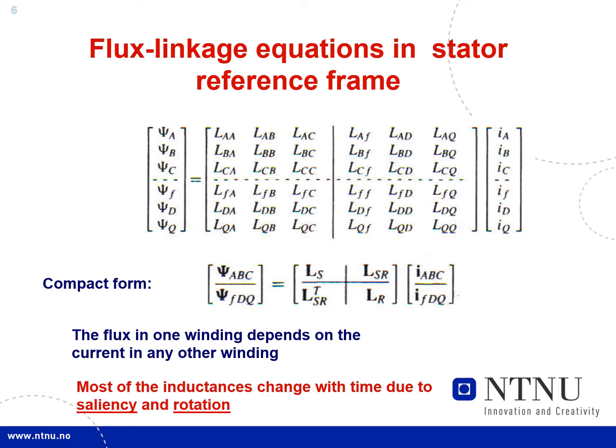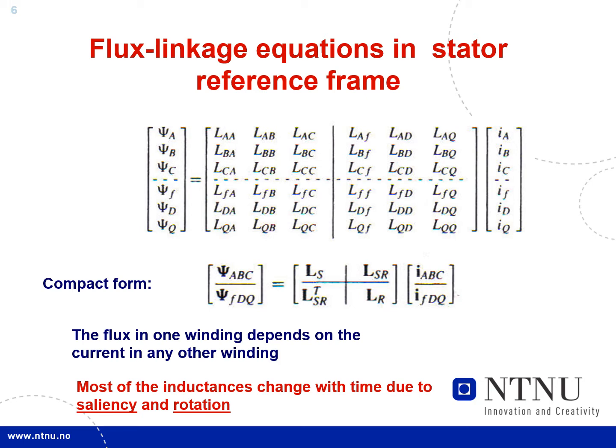The first thing we do is to set up the relationship between flux linkages and the currents in each of the windings. And since there are 6 windings, we end up with a 6 by 6 matrix of inductances.